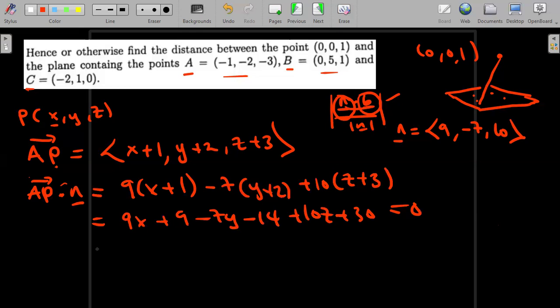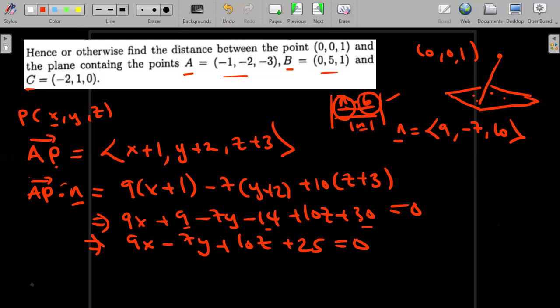Then this implies this is going to be 9x minus 7y plus 10z, then when you add 9 minus 14 plus 30, you get 25. So be equal to 0. Yeah, you get 25 equal to 0.